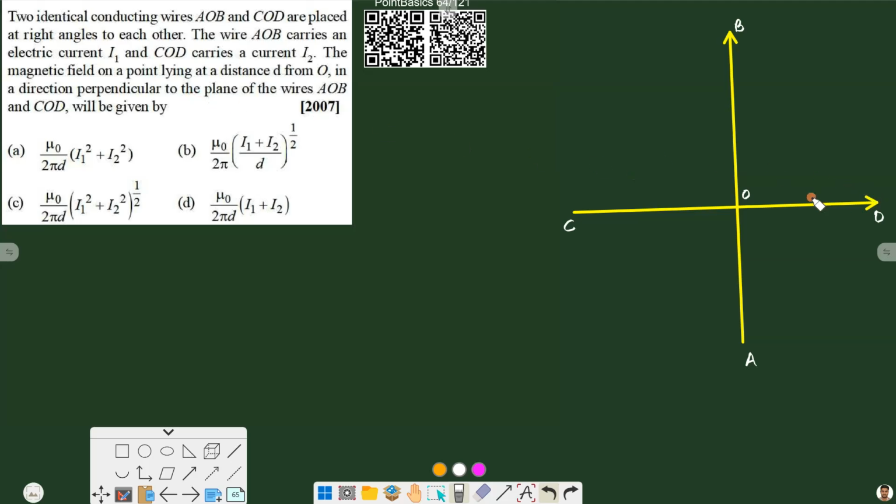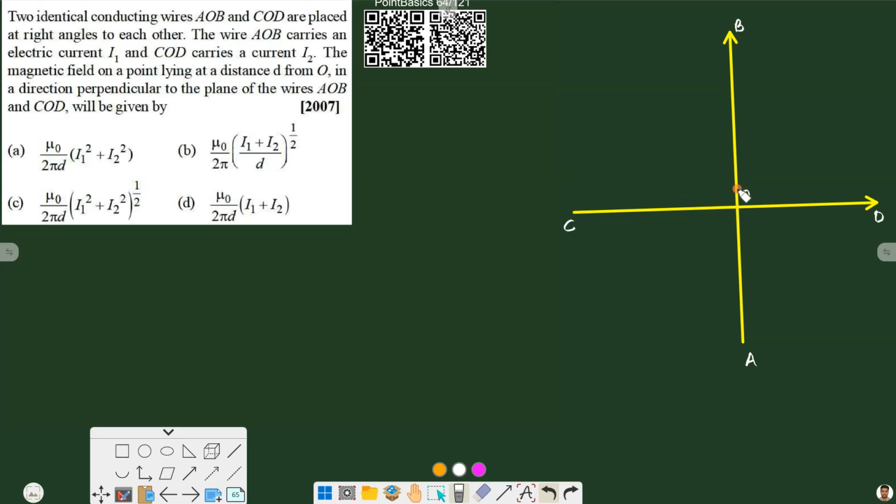So we can say the COD wire is in the X direction, the AOB wire is in the Y direction, and our point will be in the Z direction because it is perpendicular. Here it is mentioned, point at distance d from O in the direction perpendicular to the plane of wires AOB and COD.